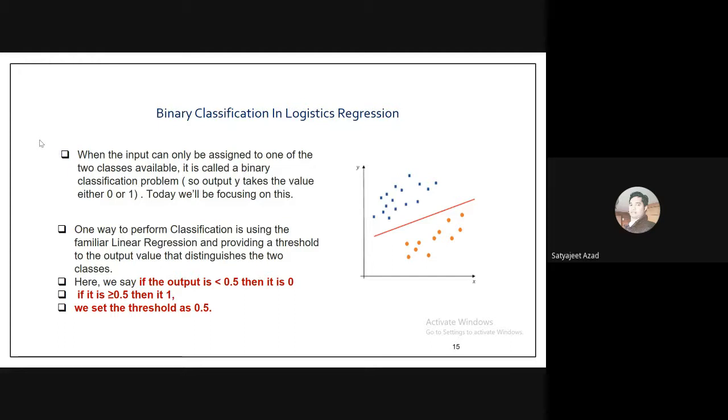Okay, so one way to perform this classification is, obviously, using linear regression. You can apply linear regression for the case of logistic regression, but there will be a problem of threshold. I'll show you what a threshold is.